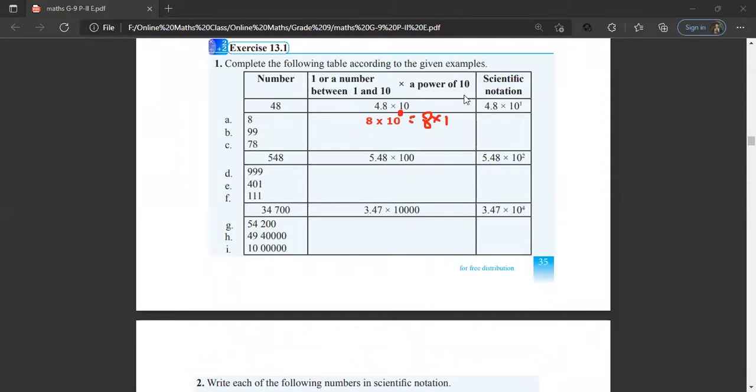Next, 9.99 into 10 to the power 2. Next, 4.01 into 10 to the power 2. Good.